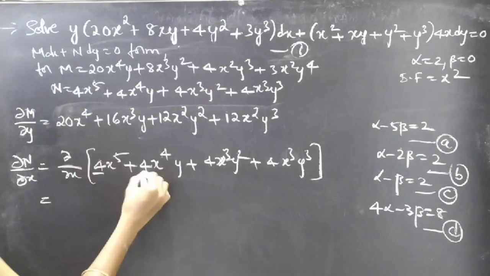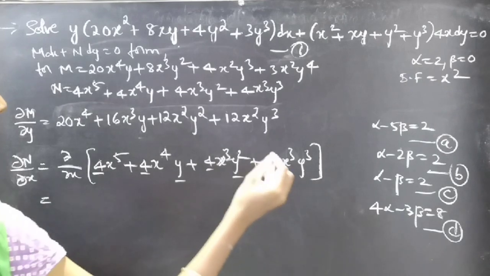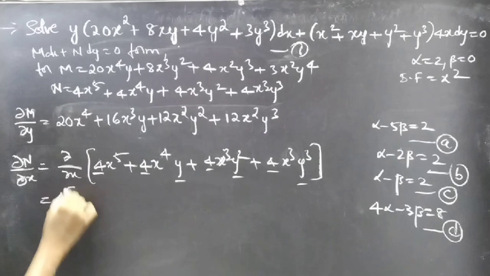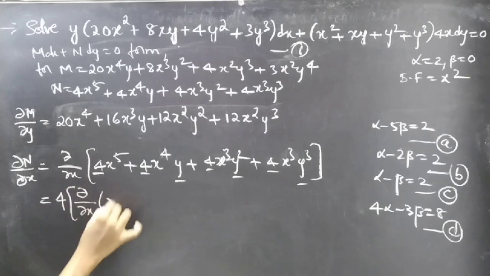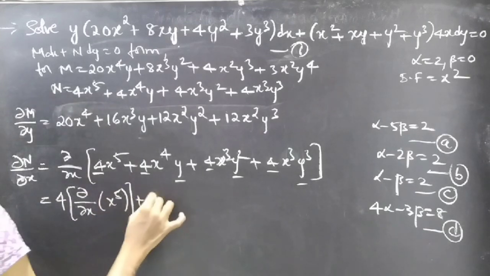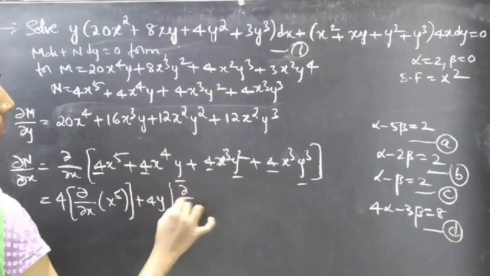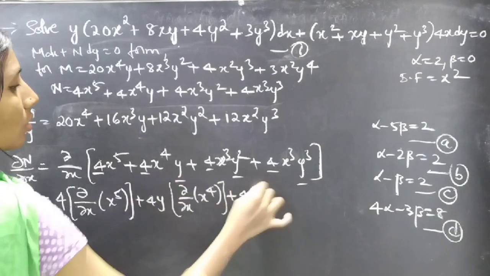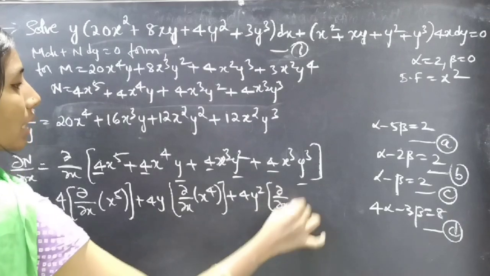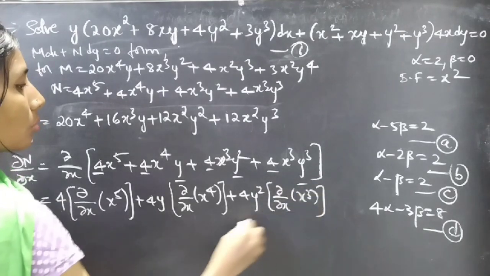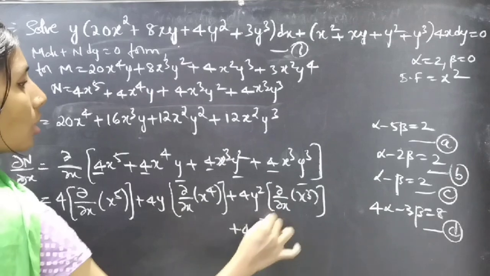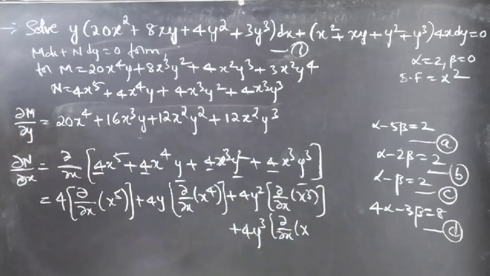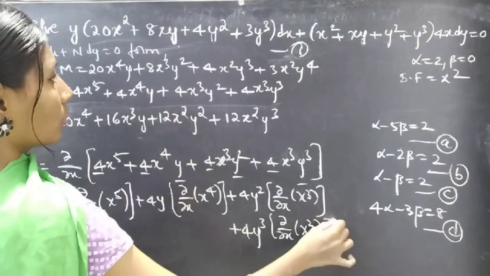In the first term 4 is constant, in the second term 4y is constant, in the third term 4y square is constant, in the last term 4y cube is constant. Now we can write this as constant into partial derivative of x power 5 with respect to x plus constant into partial derivative of x power 4 with respect to x plus constant into partial derivative of x cube with respect to x plus constant into partial derivative of x cube. It's x cube, right? X cube with respect to x.